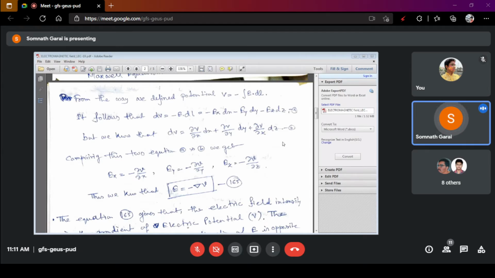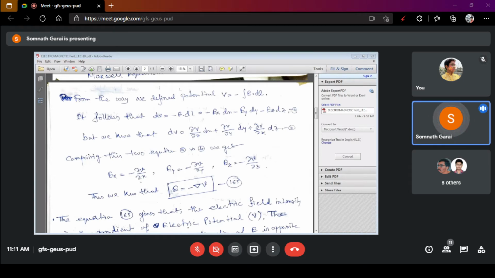So if we compare equation A and equation B, we get Ex, the magnitude component in the x direction of the electrostatic field E, equal to minus del V by del x.